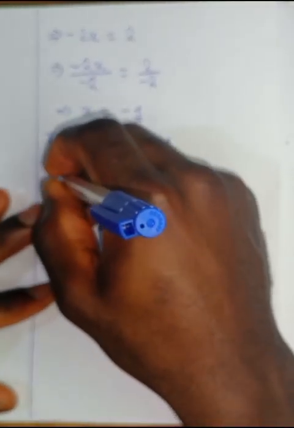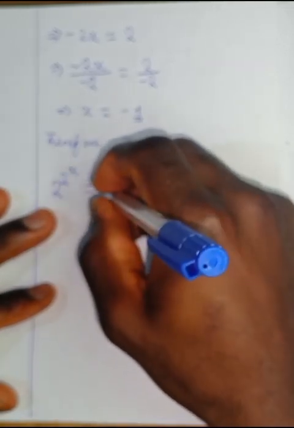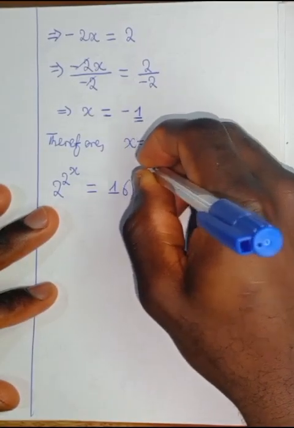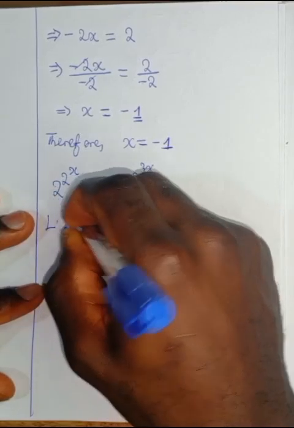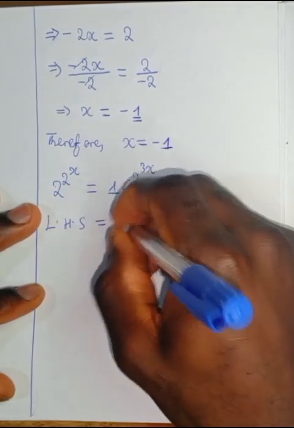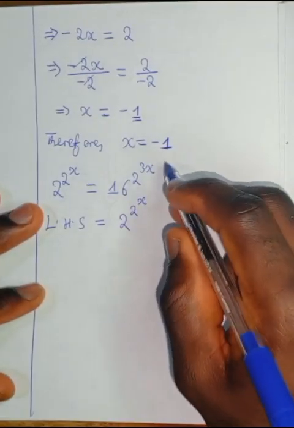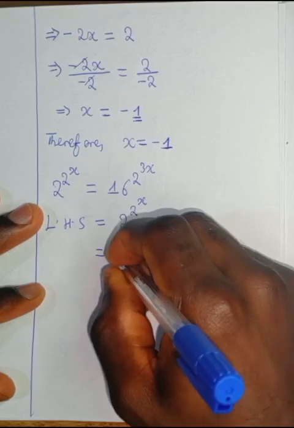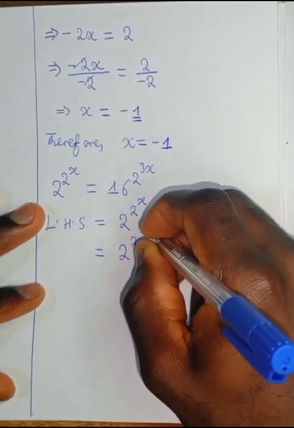For the given problem, we have 2 raised to the power 2 raised to the power x is equal to 16 raised to the power 2 raised to the power 3x. We take the left hand side, which is equal to 2 raised to the power 2 raised to the power x. We are going to replace x with negative 1. This will be equal to 2 raised to the power 2 raised to the power negative 1.